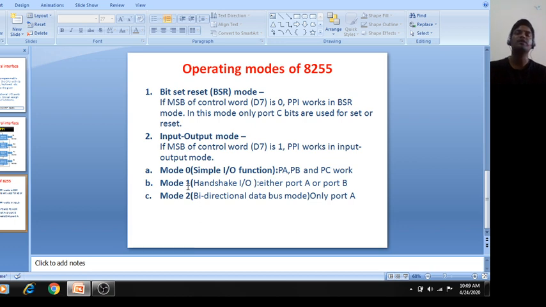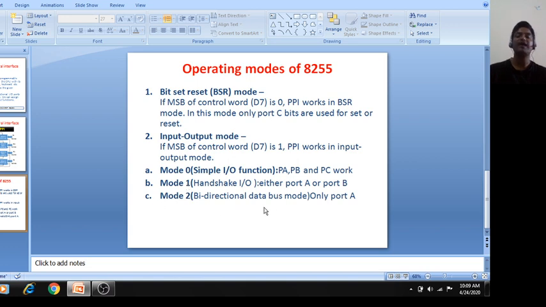So before actual data transmission, the CPU will ask whether the printer is ready or not to accept the data, and so it will send a handshake signal to the printer. If the printer is ready, then there is actual data transmission, otherwise not.